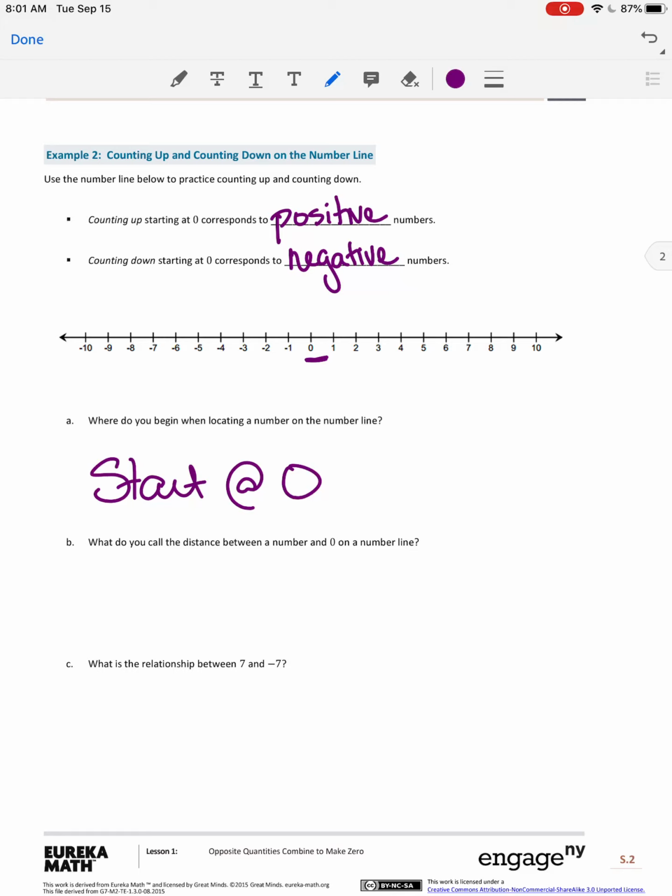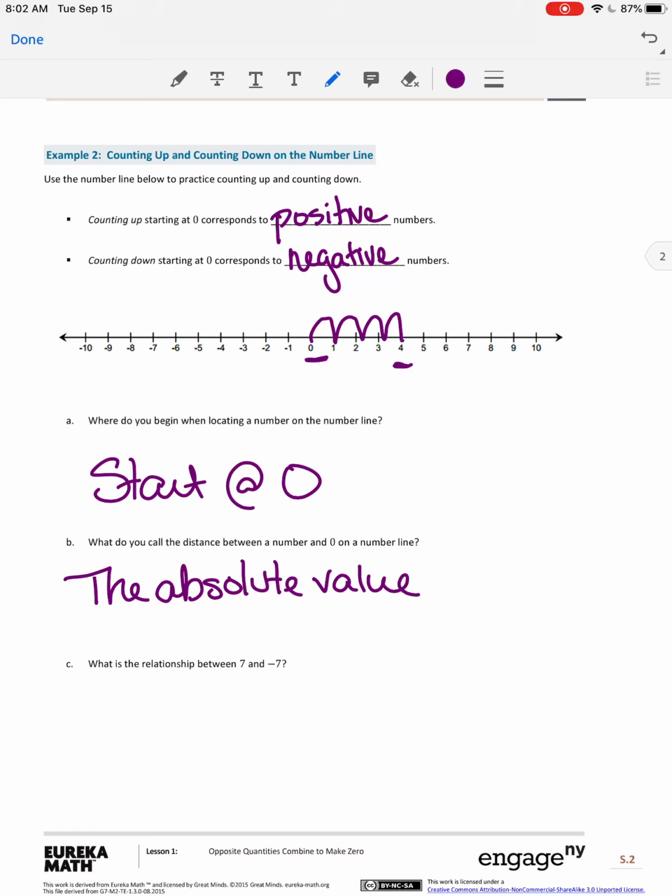Then the next question says, what do you call the distance between a number and 0 on the number line? So let's say I wanted to find the distance between 0 and 4. I would count the spaces, 1, 2, 3, 4 spaces. Well, the distance between a number and 0 on a number line is called the absolute value.